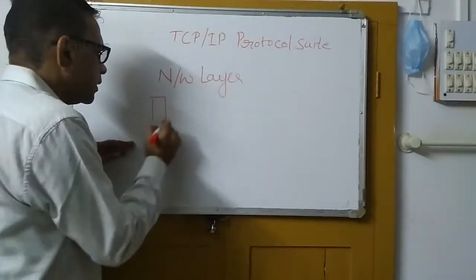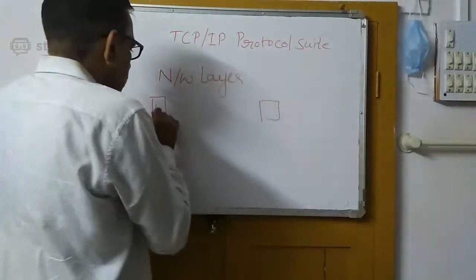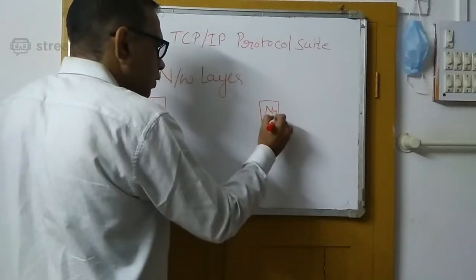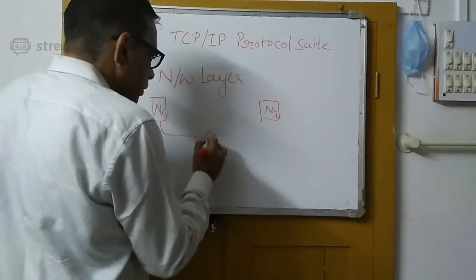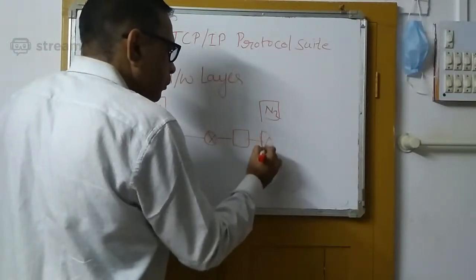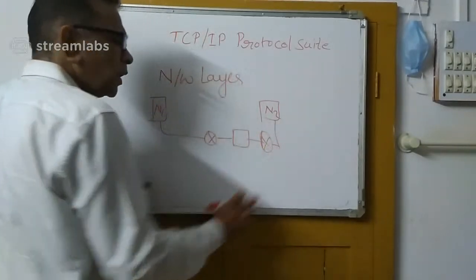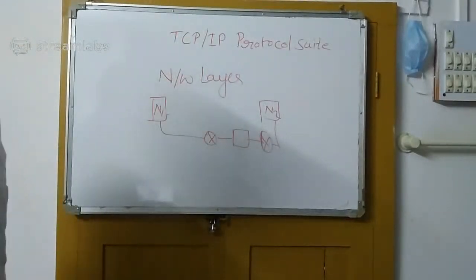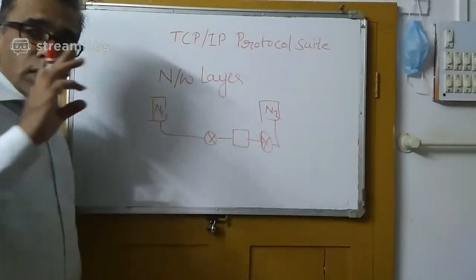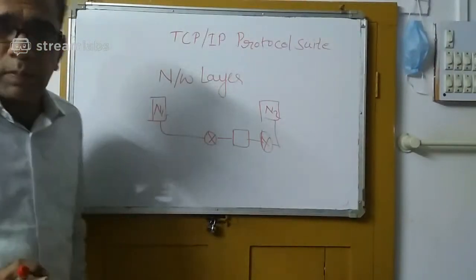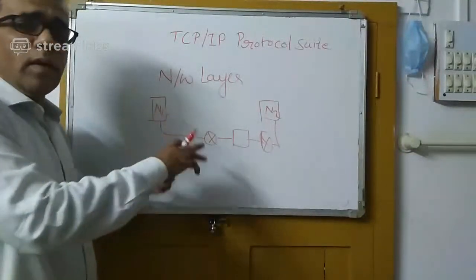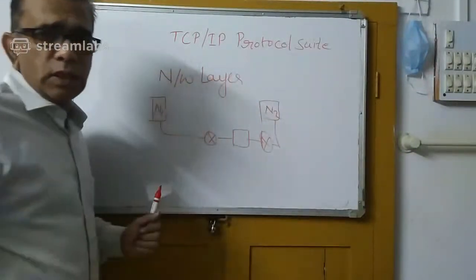When it comes to sending data from N1 to N2, if the destination is far away from the source, it selects a multiple hop path to reach the destination. In the internet, there may be many such paths to reach a destination.